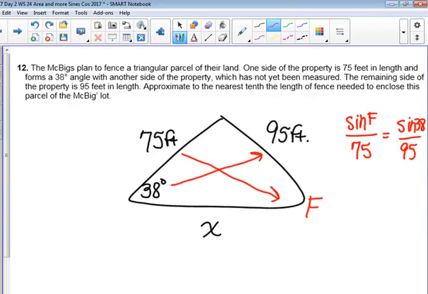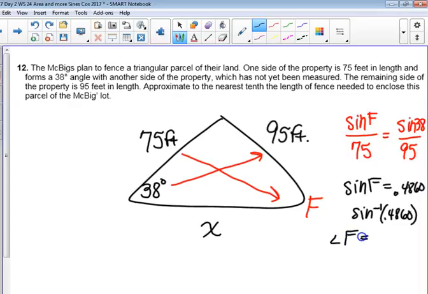As soon as you set up and know you're going to have to do second sine, you're supposed to have a little alarm go off in your head that says I could have two solutions, right? So if I type this, I get a decimal, .4860, and then I do second sine of that, and I get angle F could be, anybody get 29.1?